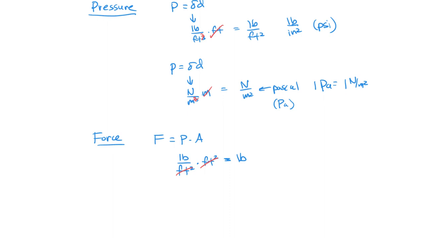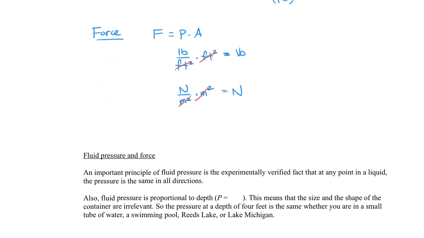We measured force in pounds when you're working on those work problems. And then, of course, in the metric system, you'd have pressure being newtons per square meter. Area is square meters, so you cancel there, and you end up with newtons. Okay, so these are the units for pressure and force, and there's just a couple other things we need to know about this.